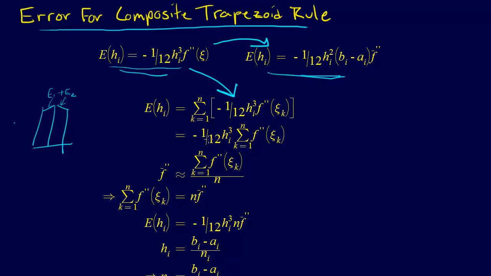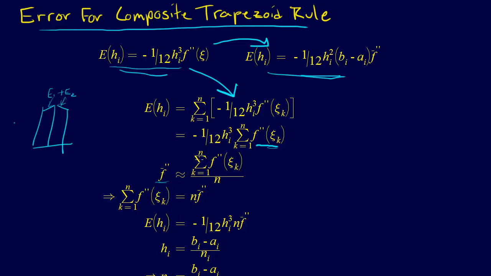So that's equal to minus 1/12 h_i cubed times the sum of f double prime c_k. Again, this is the second derivative at some intermediate point c_k on the interval between a and b. Now we can define f bar double prime, which is the average value of the second derivative over the entire interval.